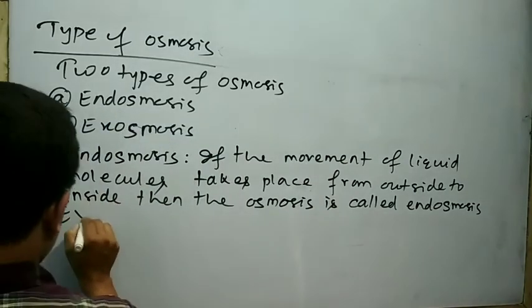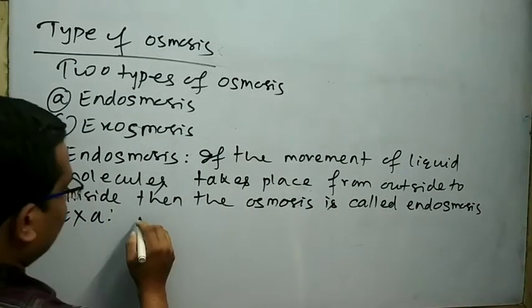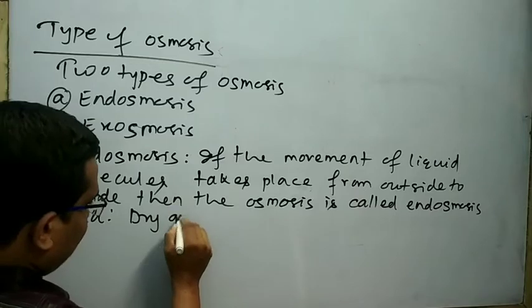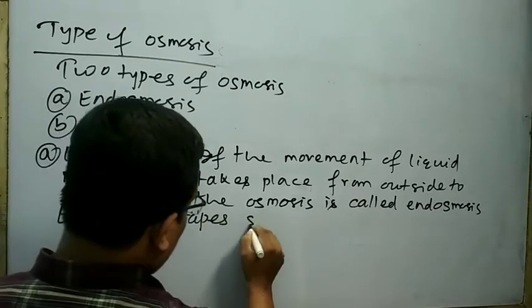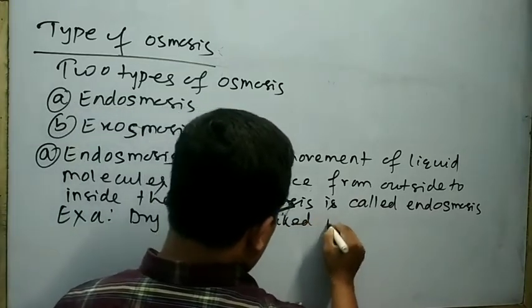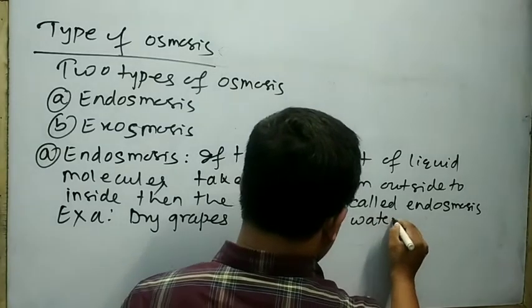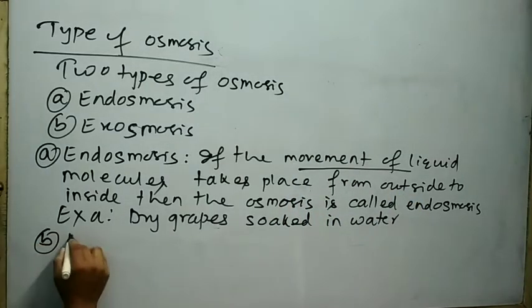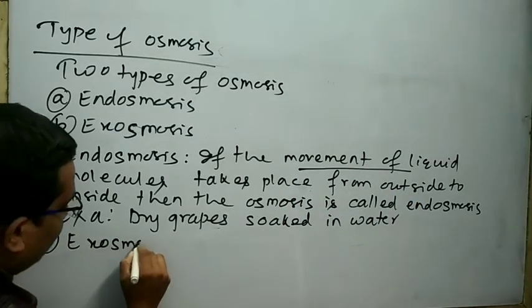An example of endo-osmosis is dry grapes soaked in water. Next I will discuss exo-osmosis.